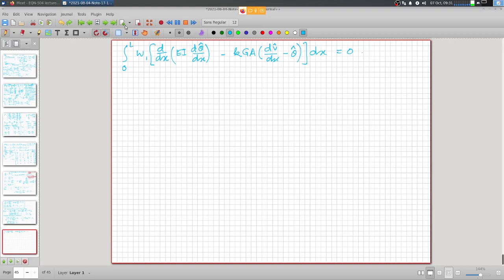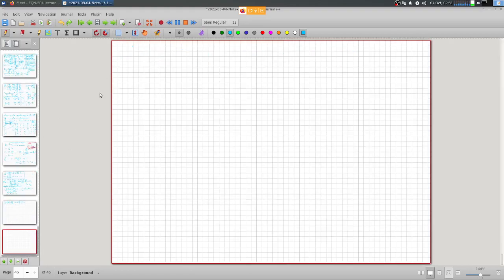And the second equation, let's write the second equation also.